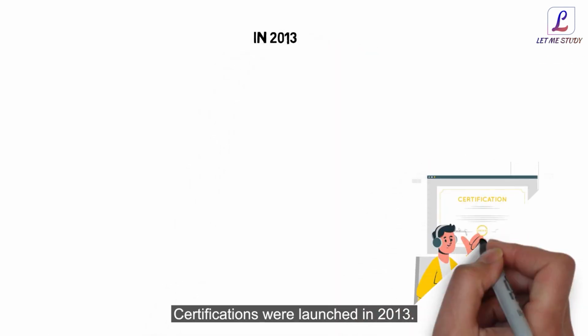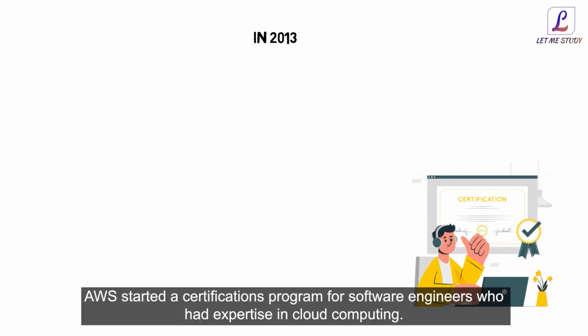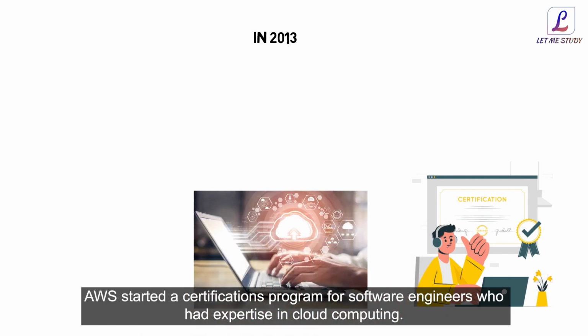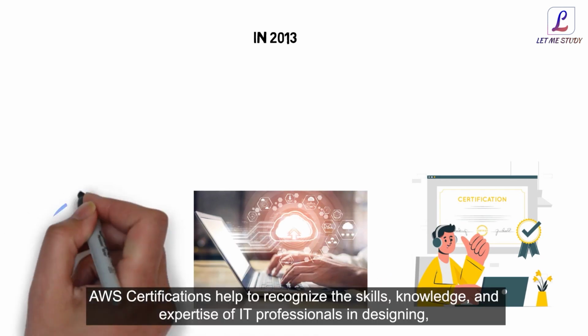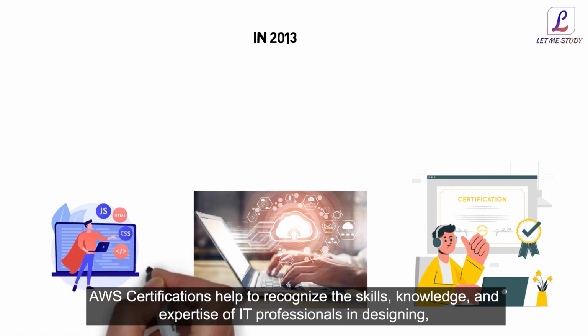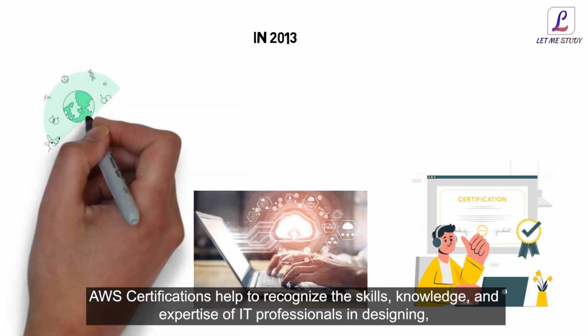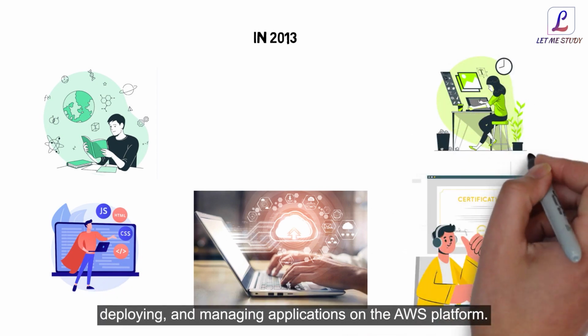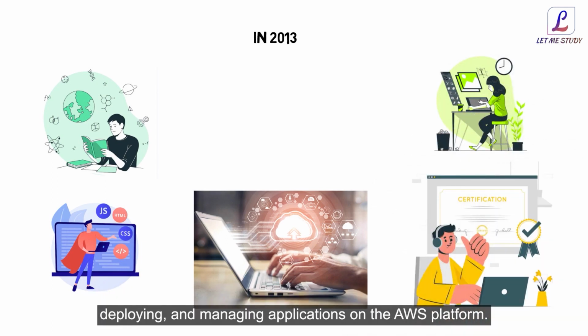Certifications were launched in 2013. AWS started a certifications program for software engineers who had expertise in cloud computing. AWS certifications help to recognize the skills, knowledge, and expertise of IT professionals in designing, deploying, and managing applications on the AWS platform.